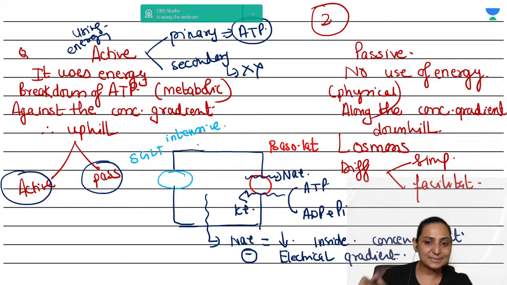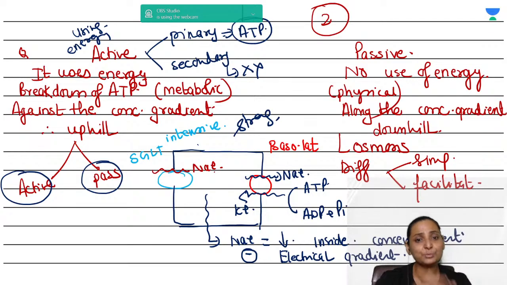So hydrolysis of ATP and the sodium being pumped out are creating two important gradients, the electrical gradient as well as the concentration gradient. These gradients are very, very strong, and they can cause sodium to come inside, because the sodium concentration is low.